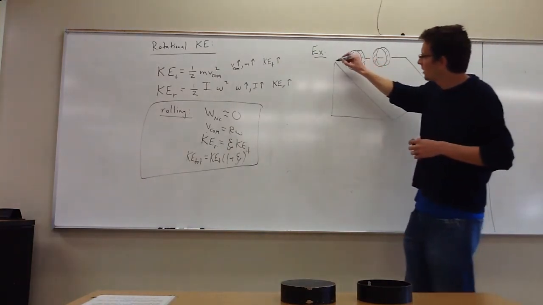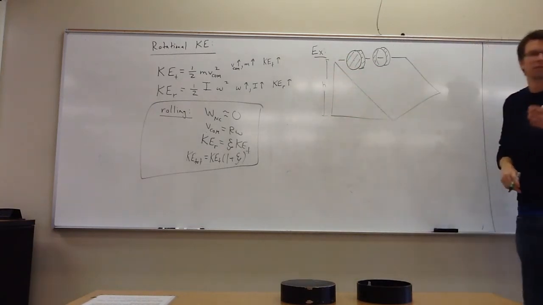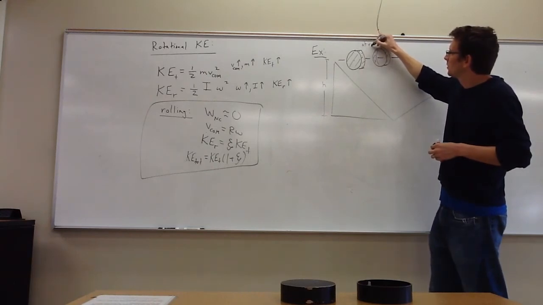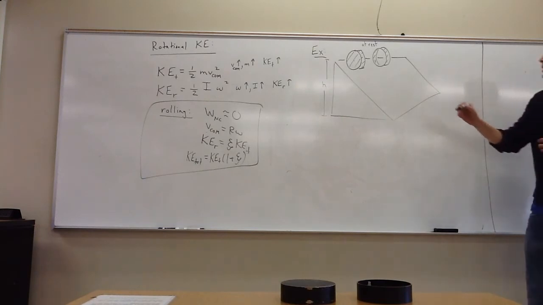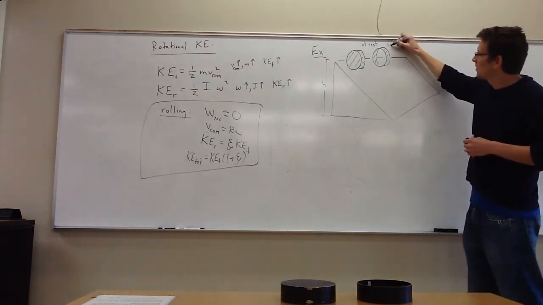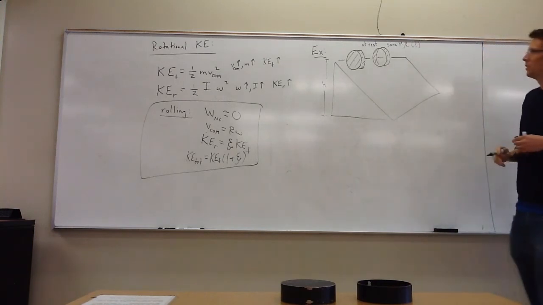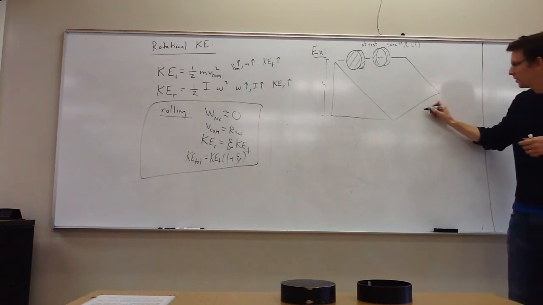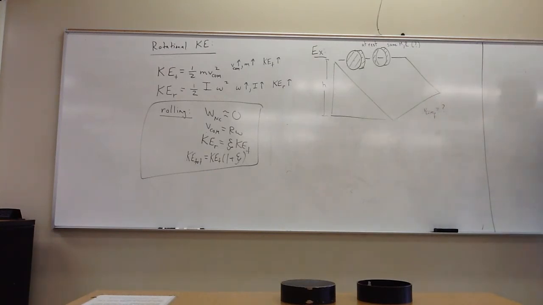I'm going to say that the incline is of a height h. I'm going to say they both start at rest. And just to keep it fair, I'm going to assume that they have the same mass and the same radius, although we'll find out later if that's even important. And I'm going to ask, how fast is each of them going when they reach the bottom?